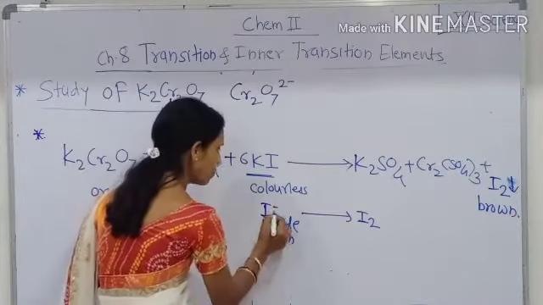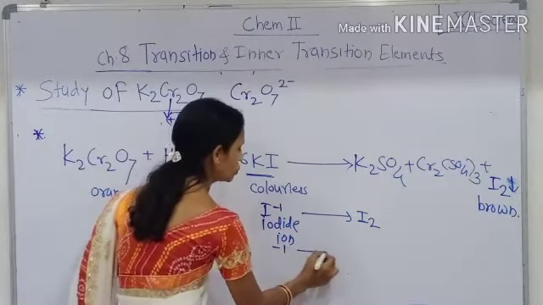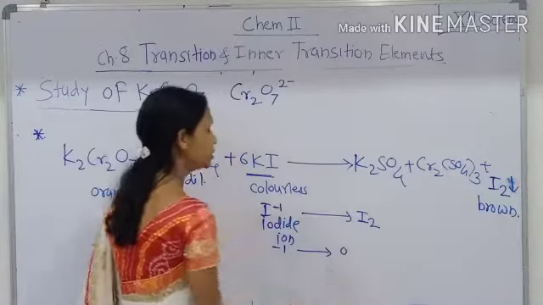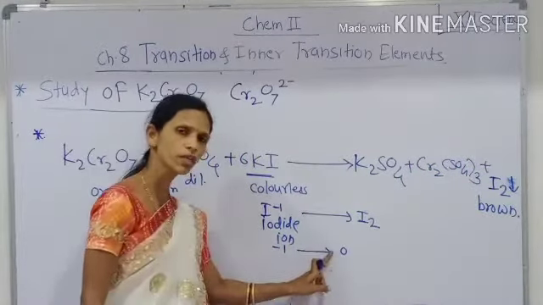That means here the -1 oxidation state is converted into 0. When iodine is in molecular form, the oxidation state is 0. That means the oxidation number increases.